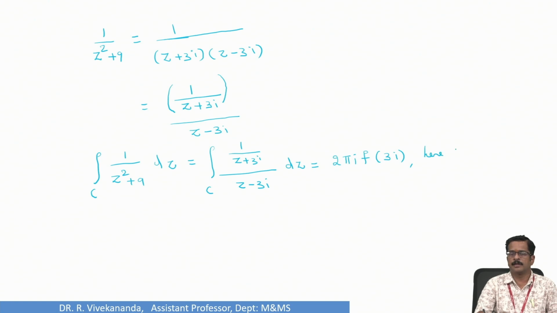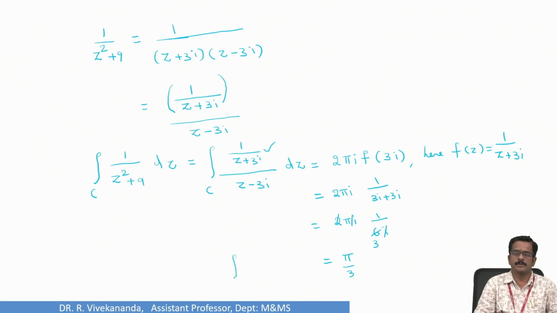Here f of z equals 1 by z plus 3i; this numerator is f of z. So it equals 2 pi i into f of 3i, which is 1 by 3i plus 3i, which equals 2 pi i into 1 by 6i. The i cancels, 2 and 6 simplify, so it equals pi by 3.